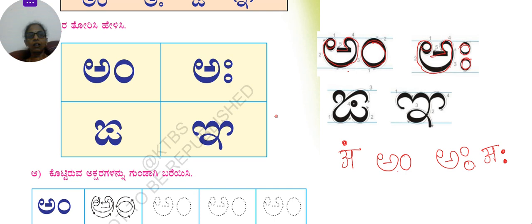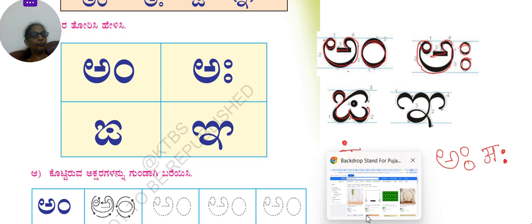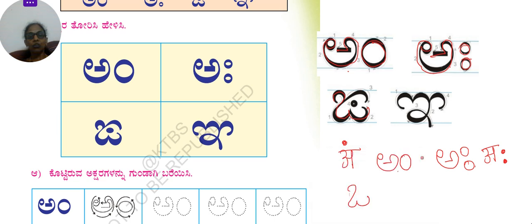This is gnya. So you have to first write a j. Not j, you can also write it as o. So first you will write o. Then you will put a dot here and you will put a curve like this. I will trace it along with the alphabet and show you.